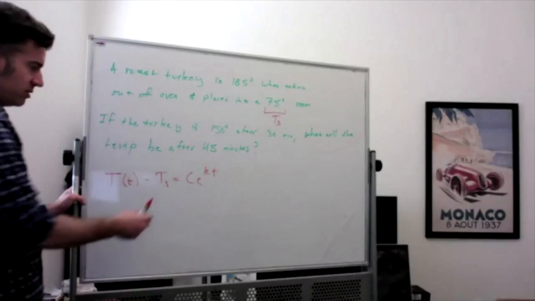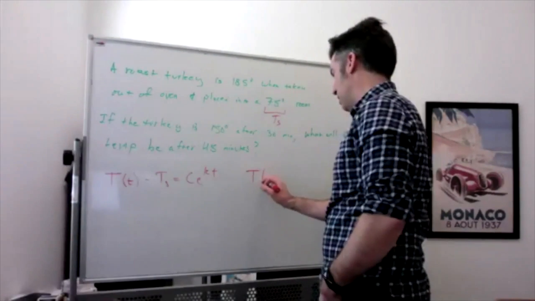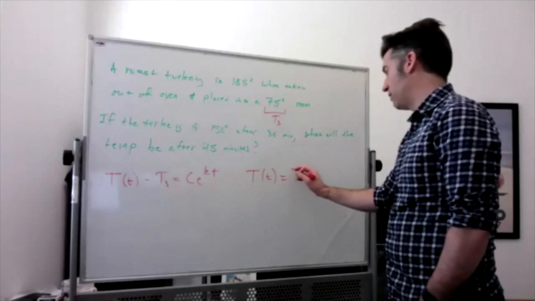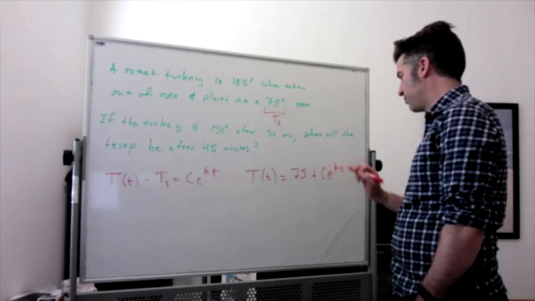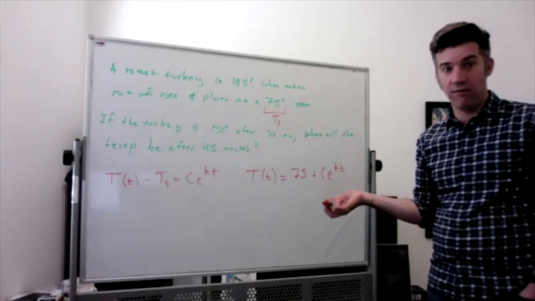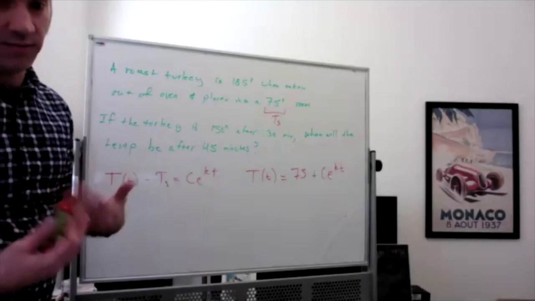But often people throw the surrounding temperature onto the other side and say the temperature of my turkey at time t is equal to the surrounding temperature, which is 75 degrees, plus C e to the KT. Then we're going to use the two pieces of data we have to solve for C and K, just like in a regular exponential growth or decay problem.